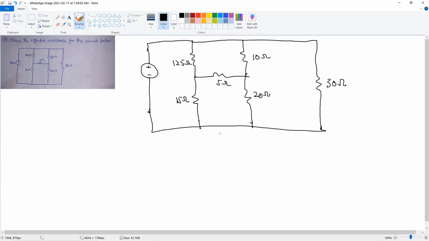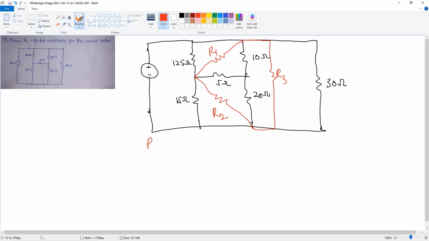So now we are going to convert this star network into a delta network, and to do so, we can name this resistor R1, this is R2, and then we have this as R3. So what we are going to do is find R1, R2, and then R3.